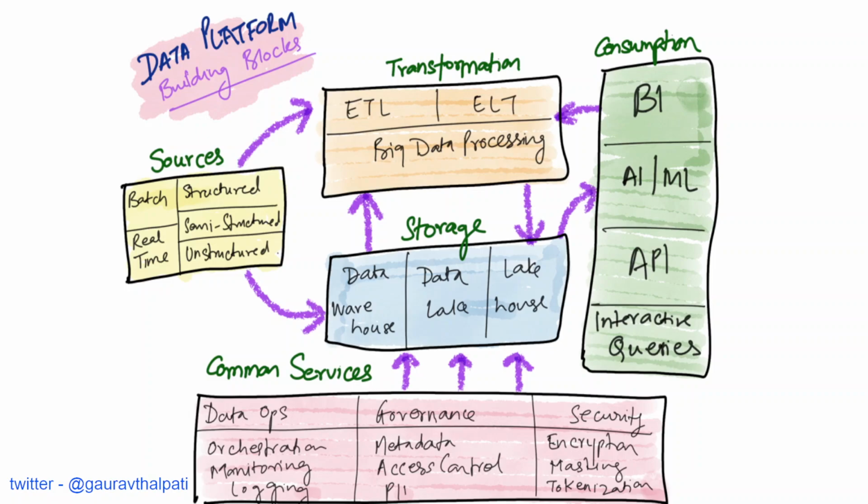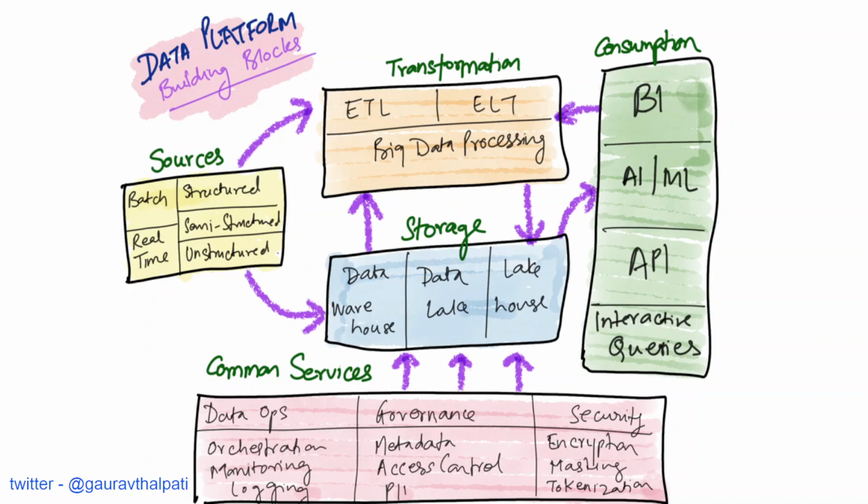Semi-structured data is not completely structured, like your JSON and XML files, where there can be some attributes which might be present in one of the records and might not be present in some of the other records. And the third is the unstructured data, like social media comments, Facebook comments, the tweets from Twitter. These are all unstructured data, or it can also be images or videos. So these are the different kinds of sources.